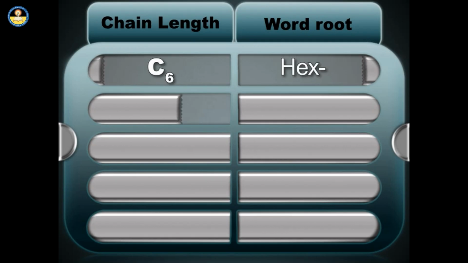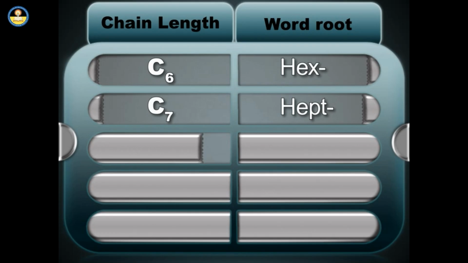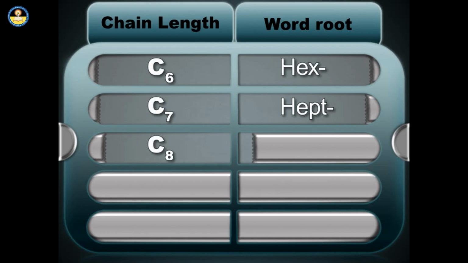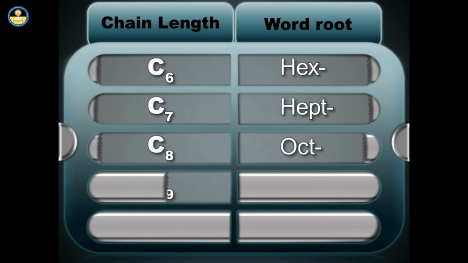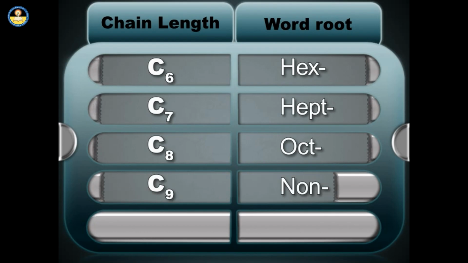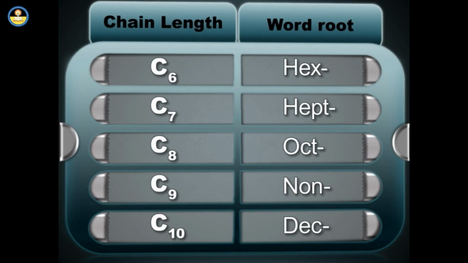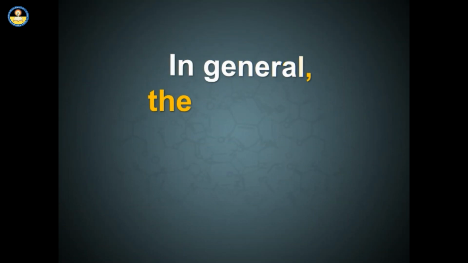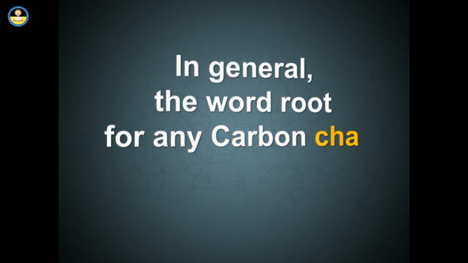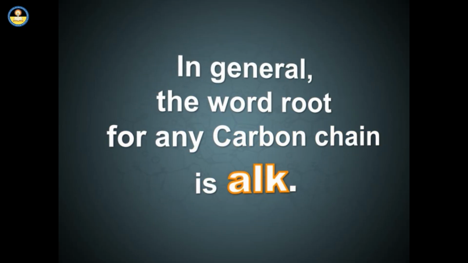Chain length C7, word root hept. Chain length C8, word root oct. Chain length C9, word root non. Chain length C10, word root dec. In general, the word root for any carbon chain is alk.